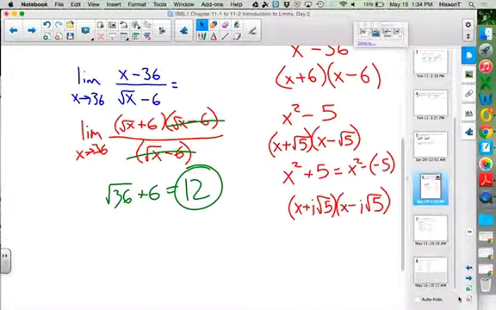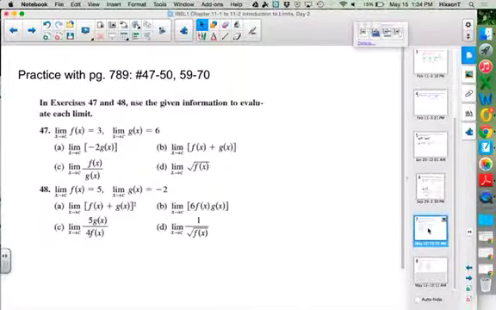But for now, I do give you some. These are ones where they're using f of x and g of x as general functions. If we're finding the limit of -2 times g of x, use those rules that we looked at earlier to evaluate it if we know that the limit of g of x is 6.